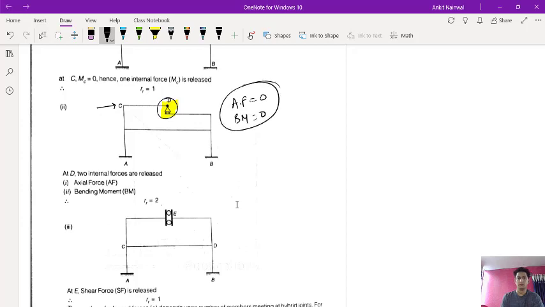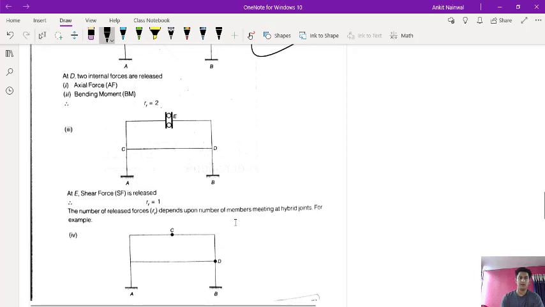So here are two equations, therefore the RR value will be 2. Now if there is a vertical roller, we have earlier discussed that when the rollers are vertical, shear force is 0. Therefore the number of reactions released will be 1.